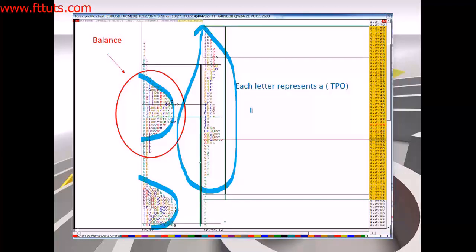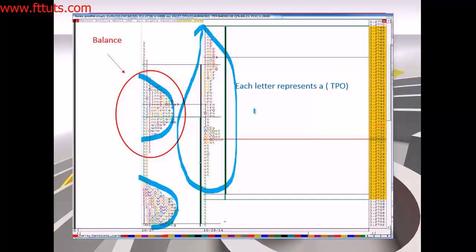Hopefully now you have begun to see some of the important concepts that we will be discussing vis-a-vis the profile, and why it is so important to understand the auction and what's happening in the auction to be able to understand, benefit from and utilize the profile.